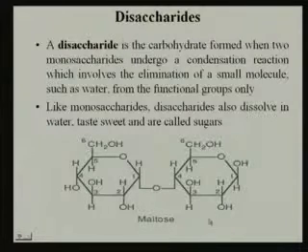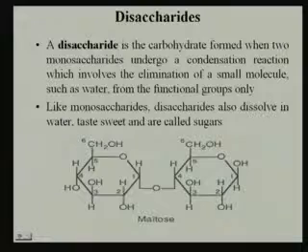So, this is all about the monosaccharide and its possible orientations, what we get in the solution form, in the ring form, and it is very commonly found. Now, coming to the disaccharide. Disaccharide means when two such sugar moieties are linked together.